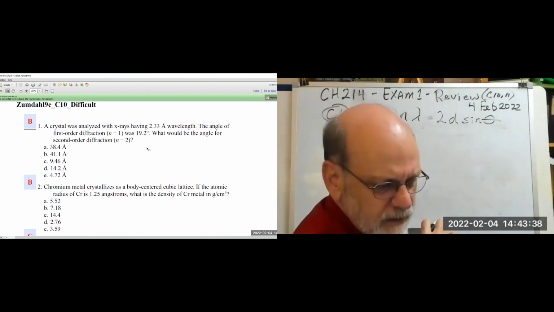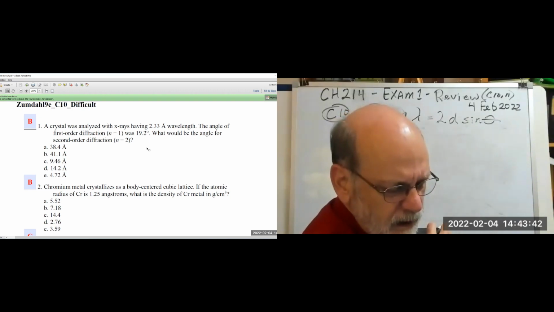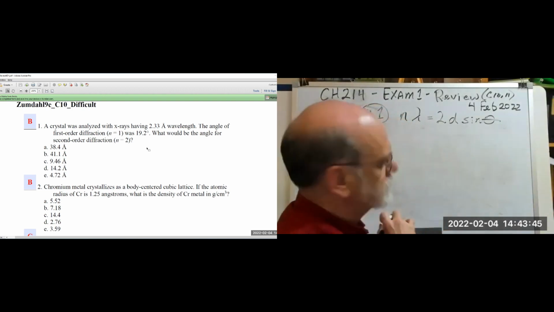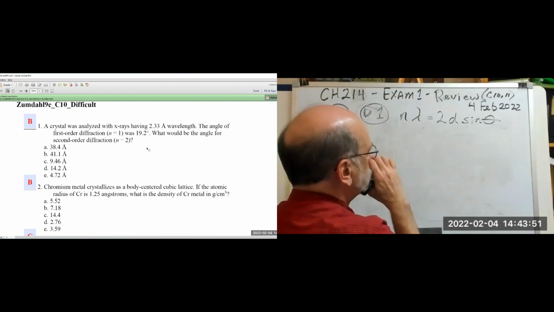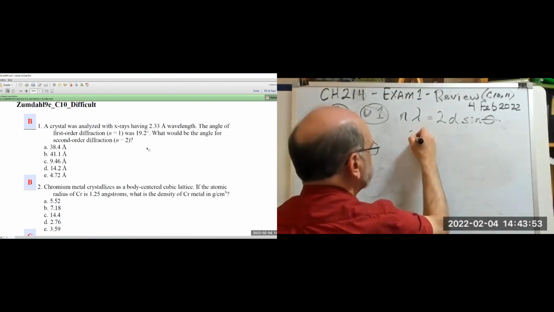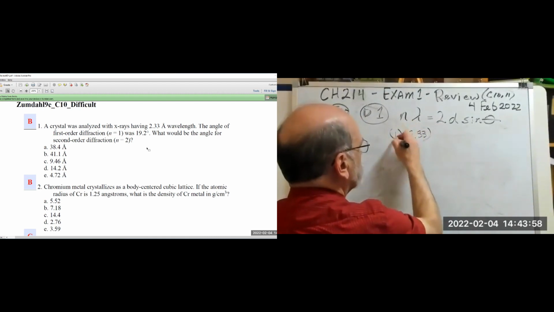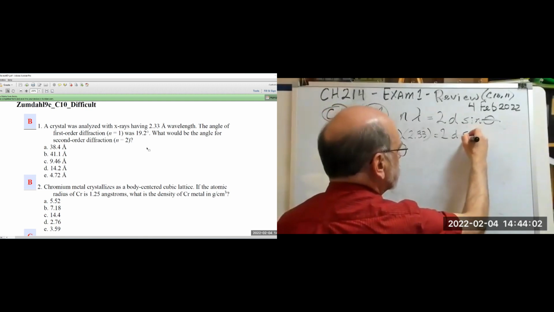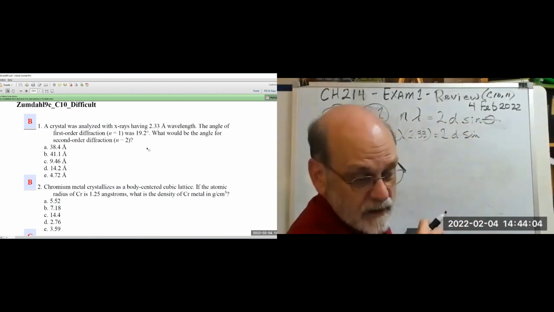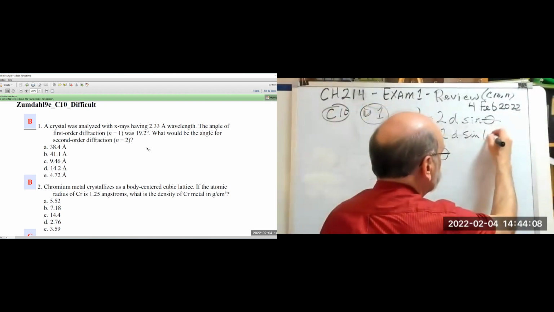So if we put in the information we know, 2.33 angstroms, and 1 here equals 2 times d sine of 19.2 degrees.